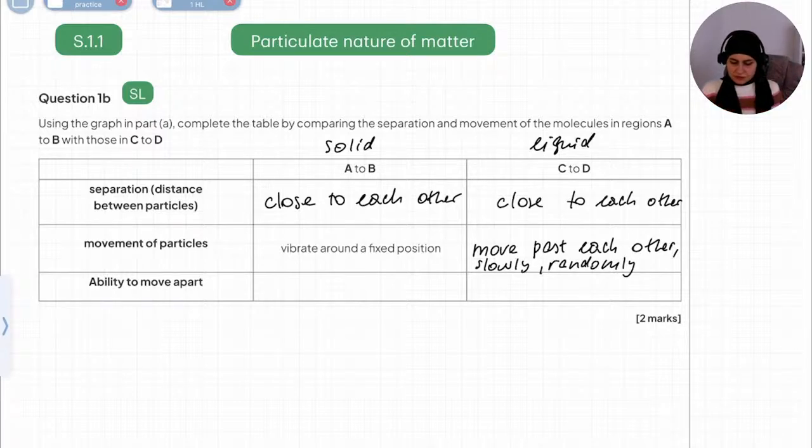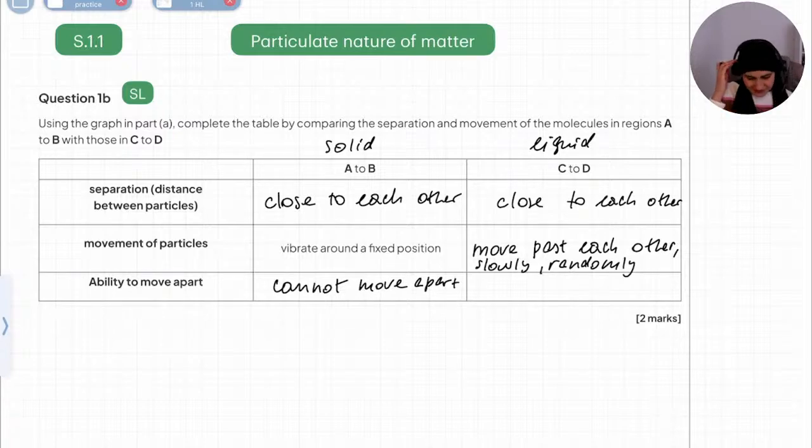And ability to move apart. In solids they can't move apart. In liquids they have a bit more freedom, but not as much as in gases. I would maybe repeat what I already said: they move past each other, but not entirely freely.